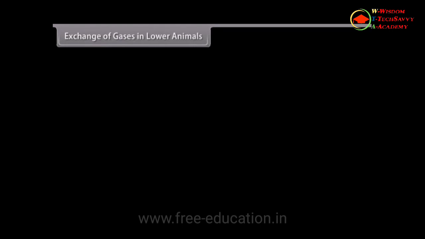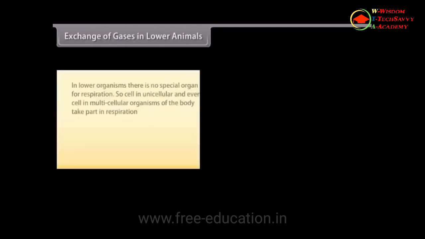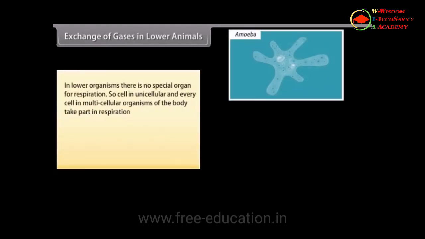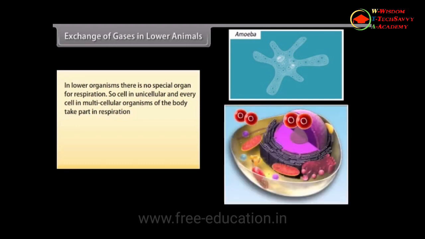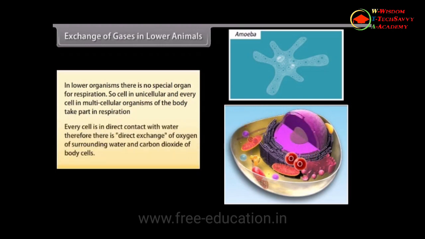Exchange of gases in lower animals. In lower organisms, there is no special organ for respiration. So the cell in unicellular organisms and every cell in multicellular organisms of the body take part in respiration. Every cell is in direct contact with water, therefore there is direct exchange of oxygen of surrounding water and carbon dioxide of body cells.